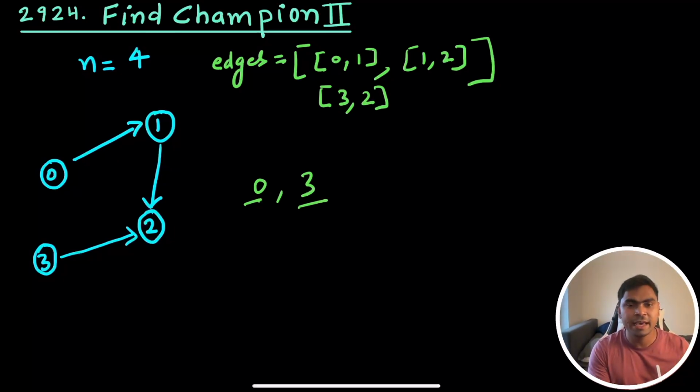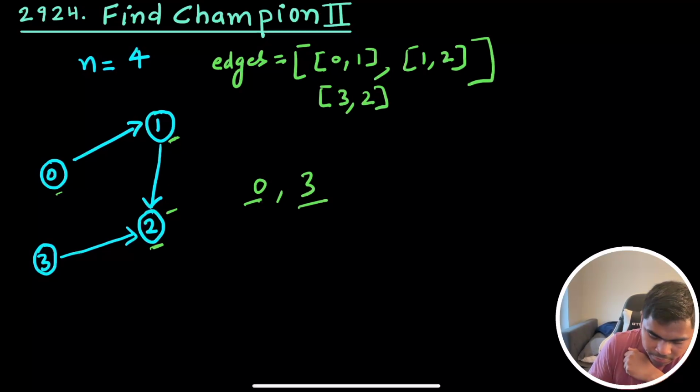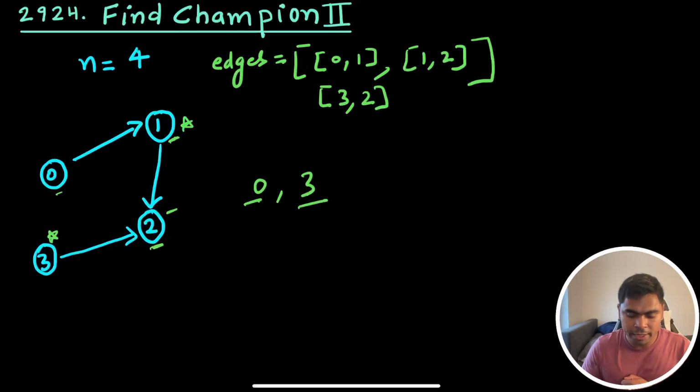We can say that 1 is stronger than 2, 3 is stronger than 2, and 0 is stronger than 1, but we do not have any relation between 0 and 3. So we cannot decide, and in this case we will return -1.